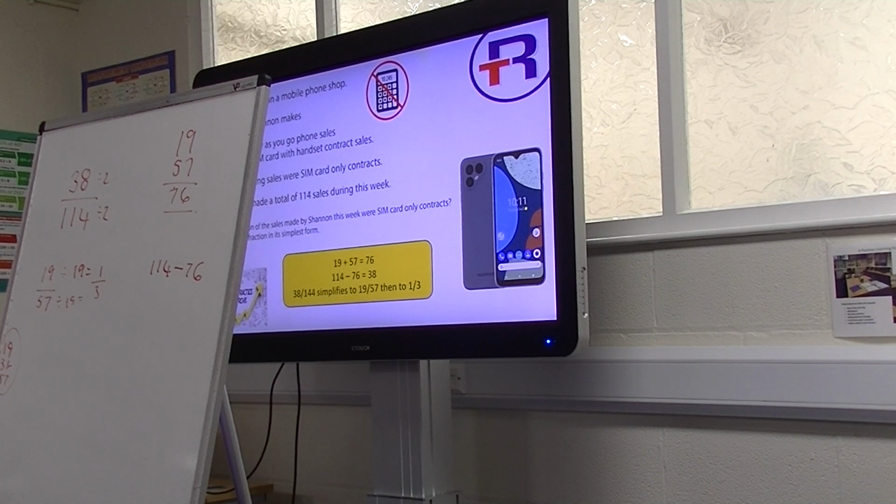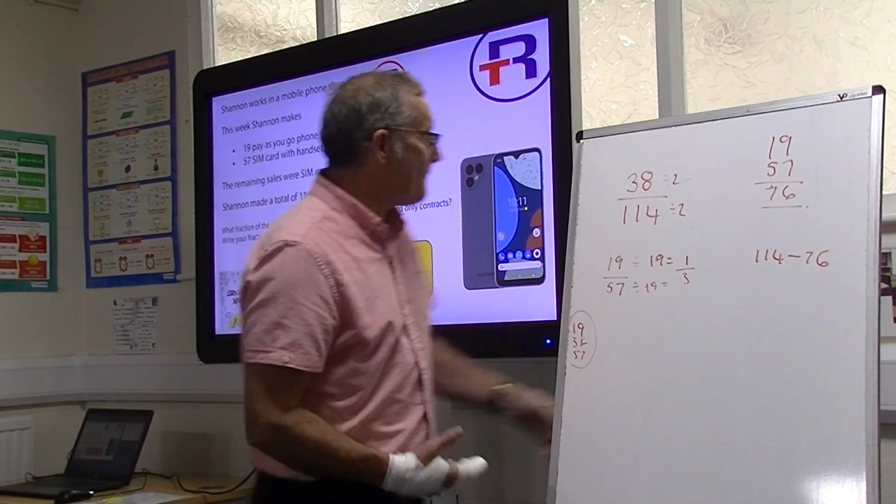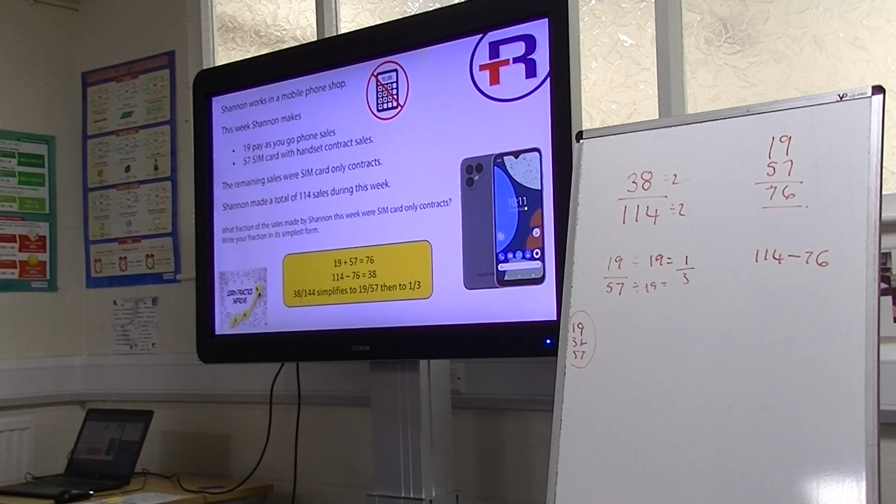Makes sense? So that's the style of question you might get in the non-calculator paper. I think that question actually was worth 4 marks in the exam, because there's a lot involved in it. But yeah, it's this kind of style of question you could end up with.